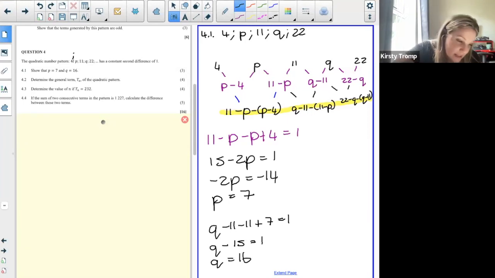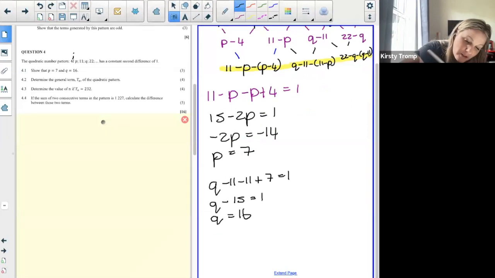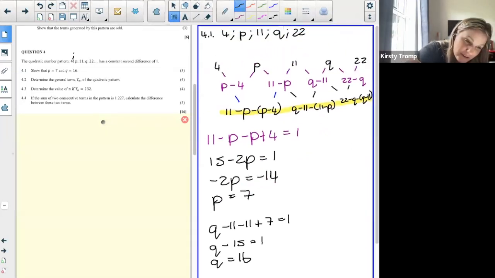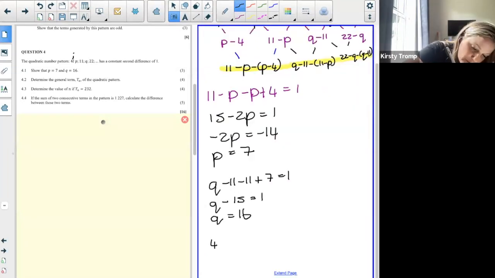Now, the next calculation you have to do is calculate Tn. Remember, you're doing a quadratic pattern. First, you want to tell yourself that my number pattern for 4.2 is 4, 7, 11, 16, and 22.